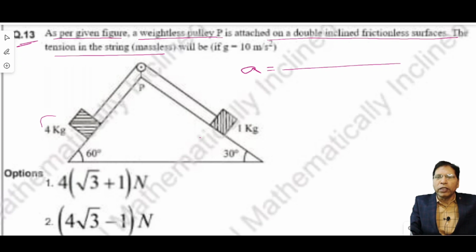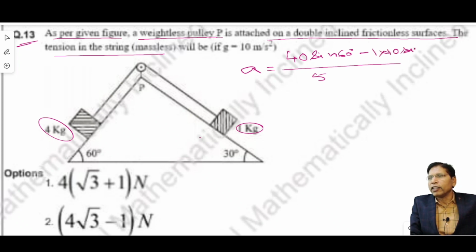What is the total mass? Total mass is 4 plus 1, this is 5. Now net force is 40 into sine 60 degree, and here 1 into 10 into sine 30 degree.